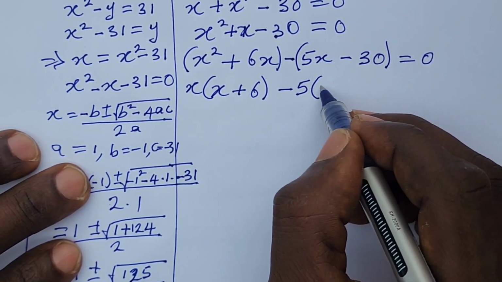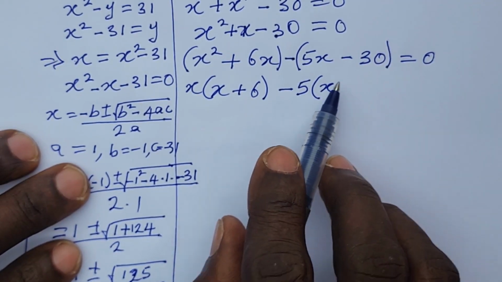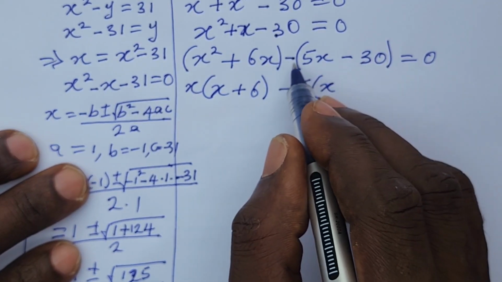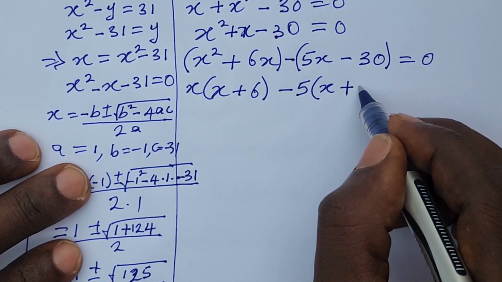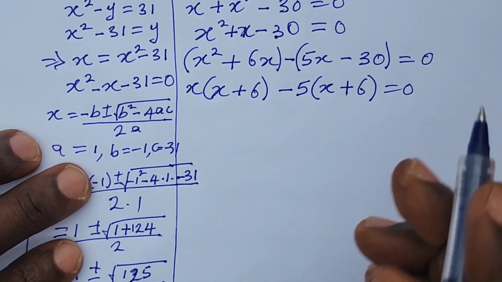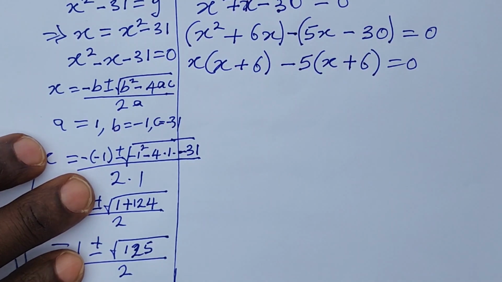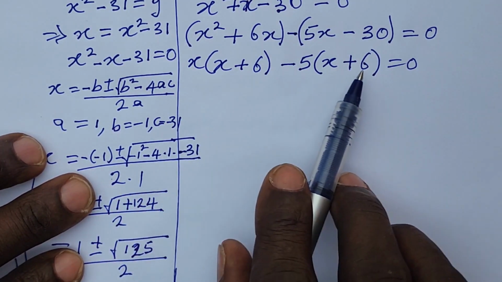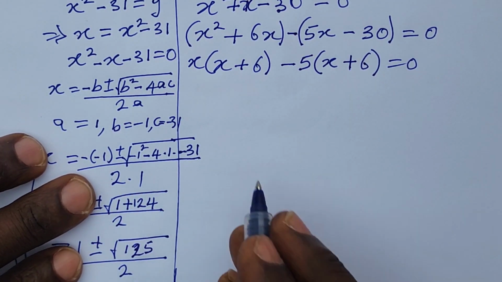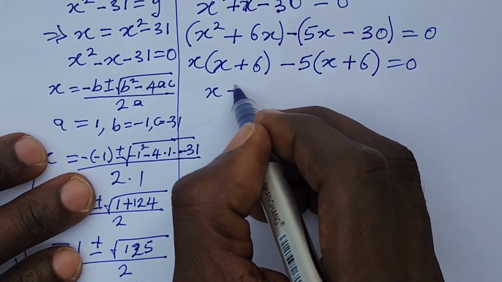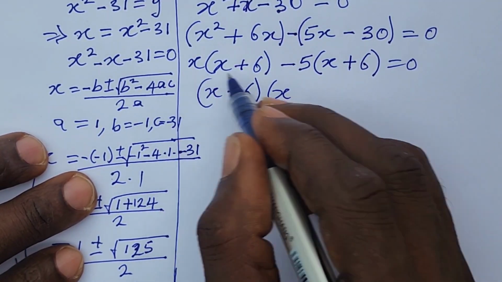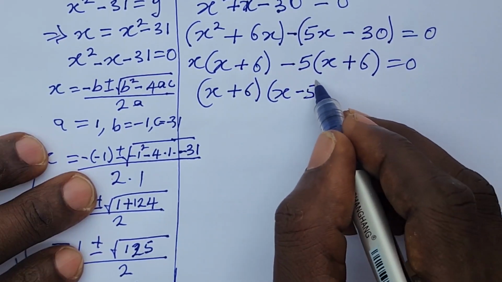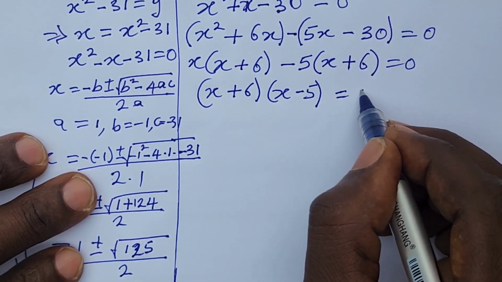So we have here 5 will be left out. We use 5 to divide this. Mind you, minus times minus will give us plus sign here. So 5 into 30 will give us 6. Everything equal to 0. Now, if you look carefully, you discover that what we have here and what we have here are the same. So we take the one inside the bracket and we take one outside there, which is x minus 5 close bracket, everything equal to 0.